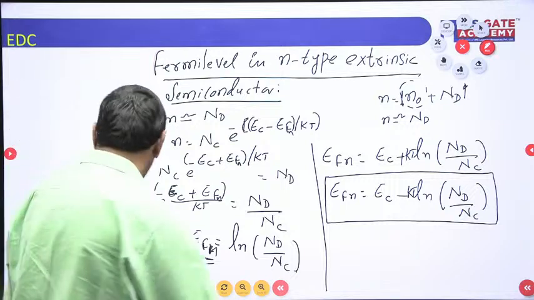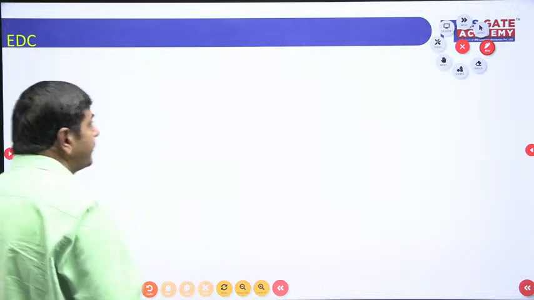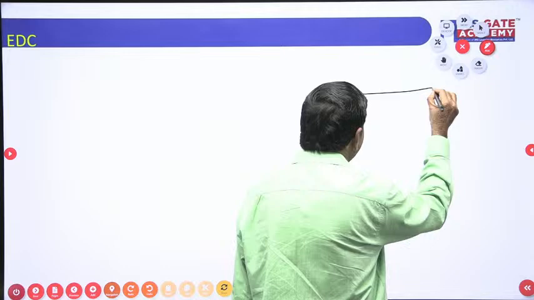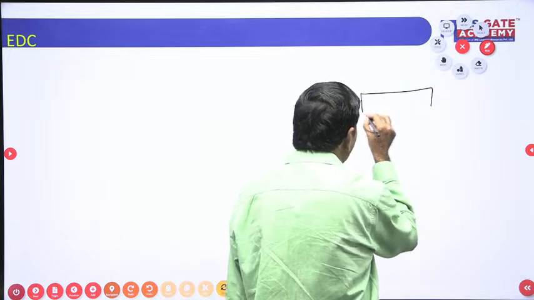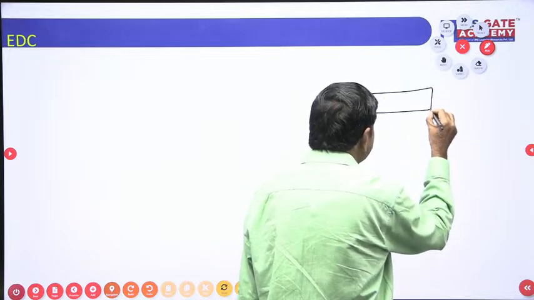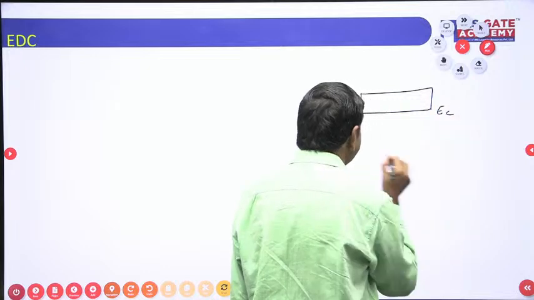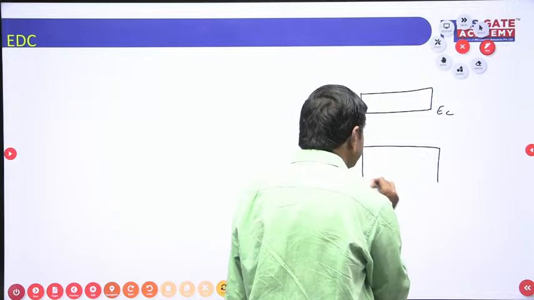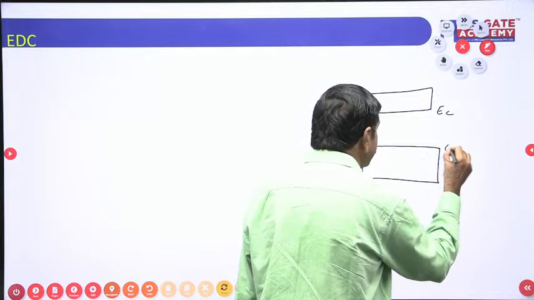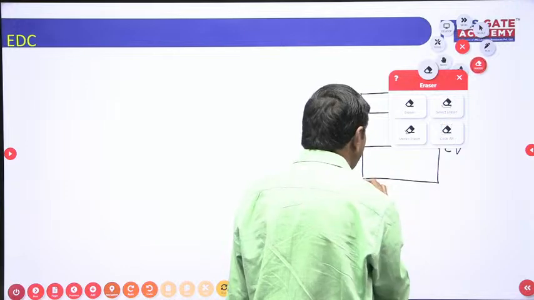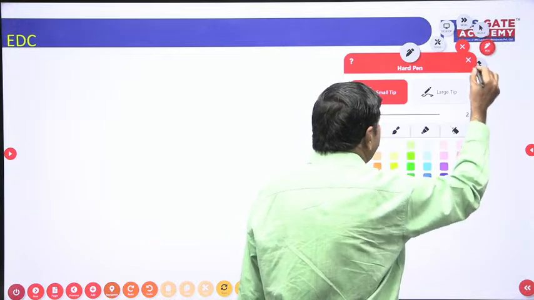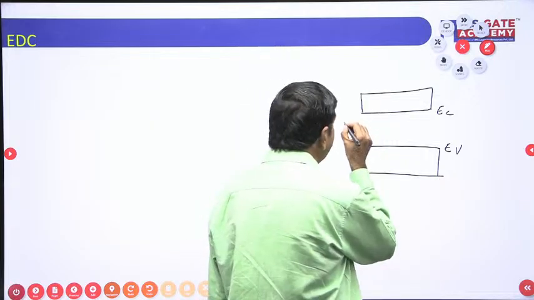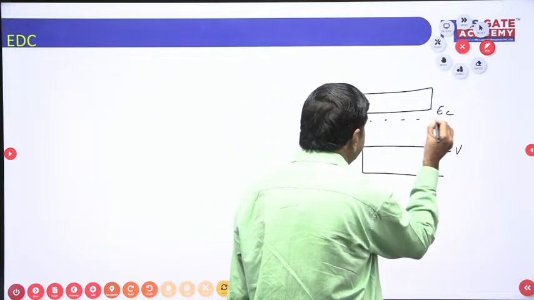Now, how will that energy band diagram be plotted here? If you want to draw the energy band diagram for the n-type extrinsic semiconductor, I can put like this. This point is said to be EC here. This is taken as EV here. This is EV. But EFN will lie very close to this only now.